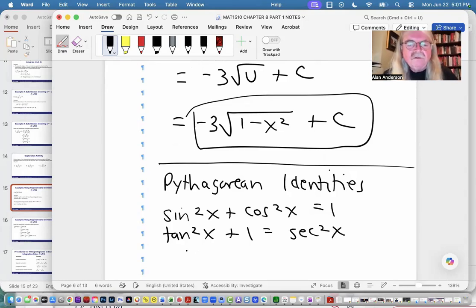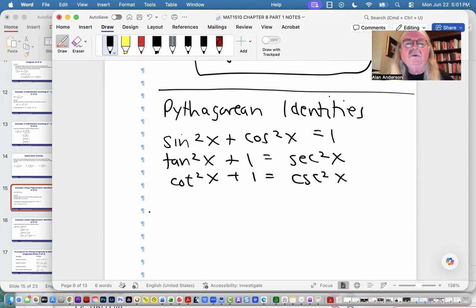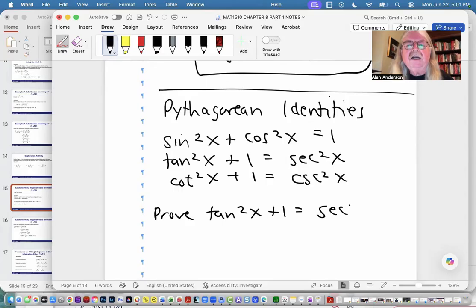And then the third one involves a cotangent. So in other words, if you wanted to prove, let's say you wanted to prove this one, let's say you feel so inclined. You're like, I feel like I want to prove this. I don't want to just write it down.